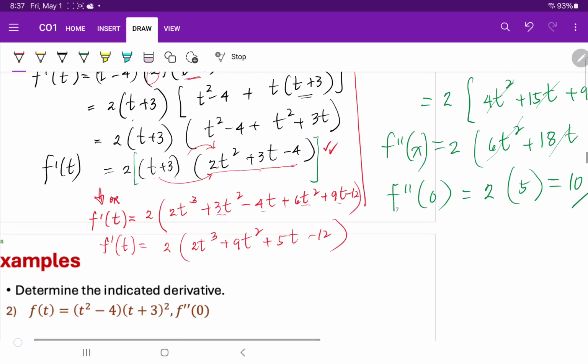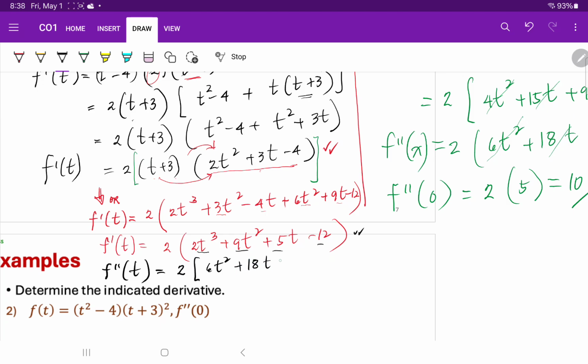Right? So, if you now solve for the second derivative, because this is your first derivative, how do you do it? We copy the constant times the derivative of the next term. So, we have 6t squared plus 18t plus 5.